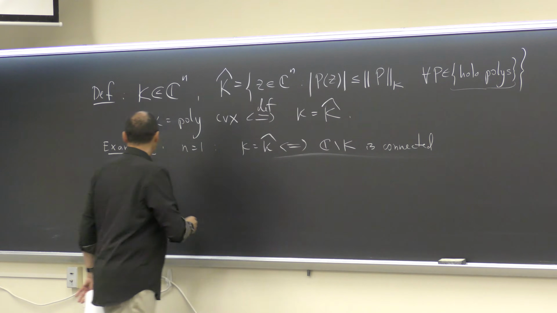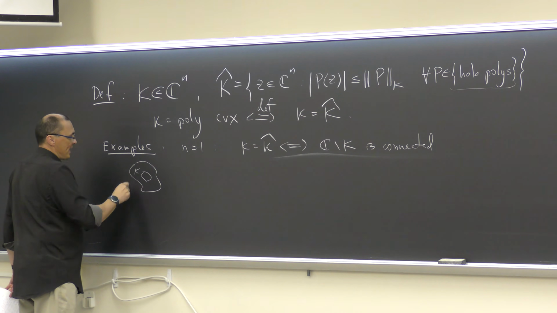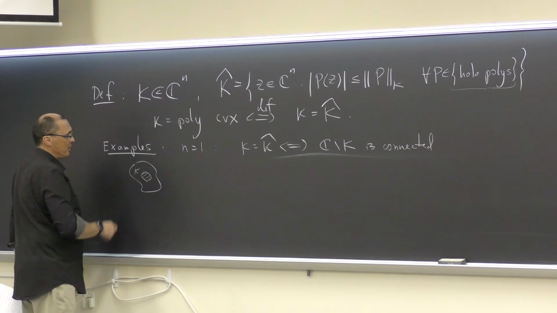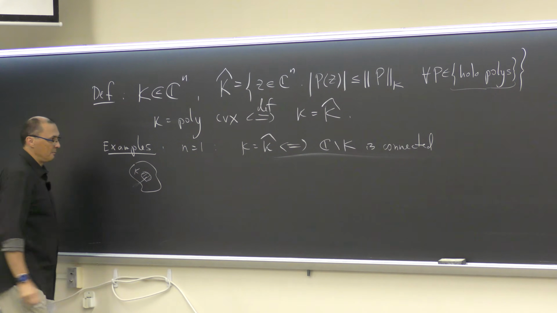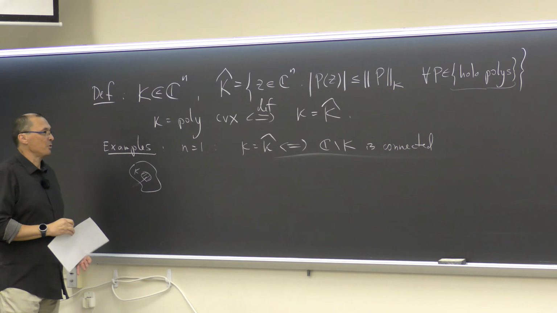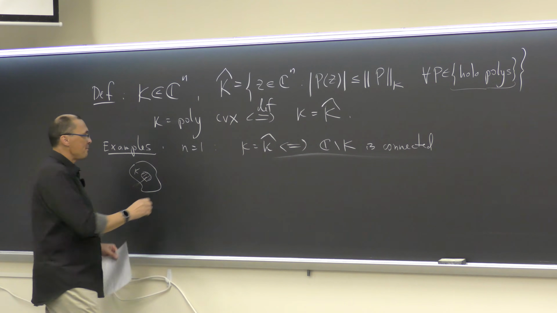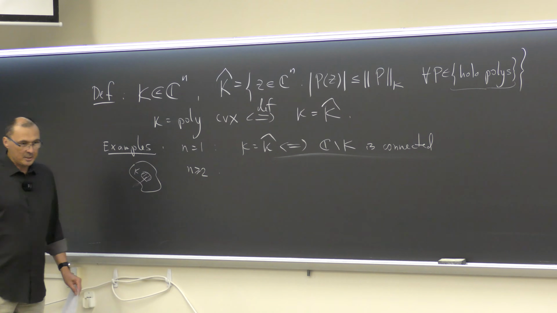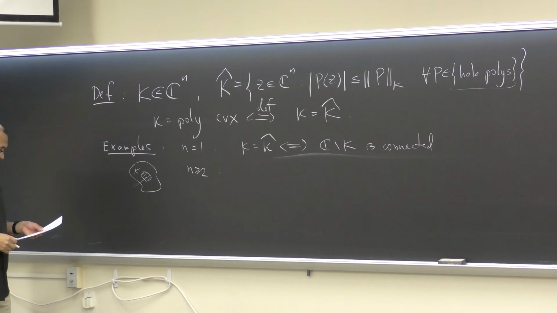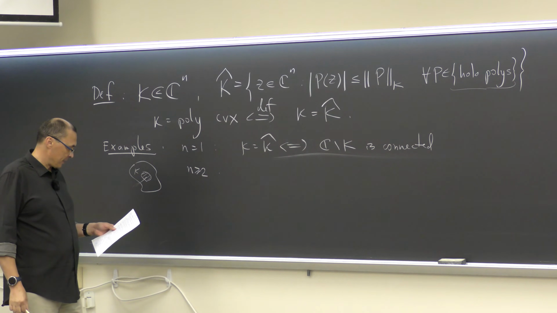So if you have a hole in your compact, then this hole will be in the polynomially convex hull of K. So it's really an elementary property. But in higher dimensions, there is no topological description of polynomially convex compacts, and things become more interesting.